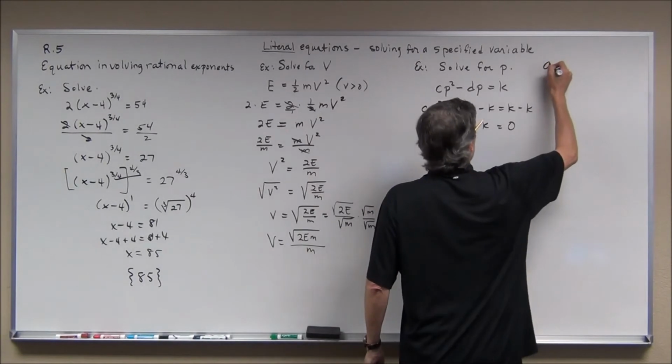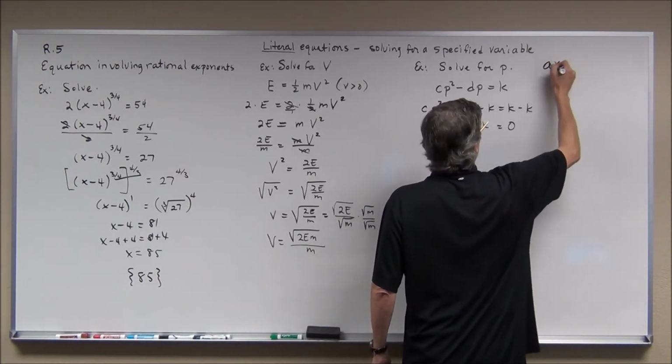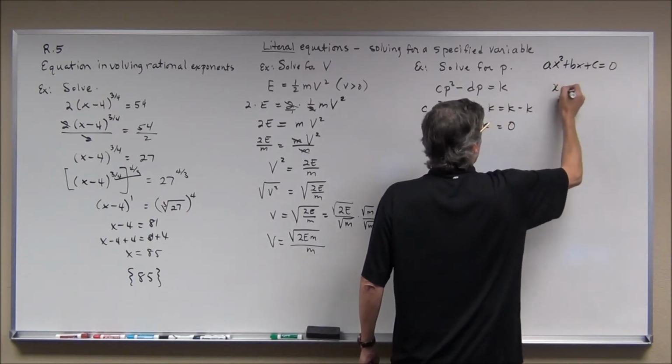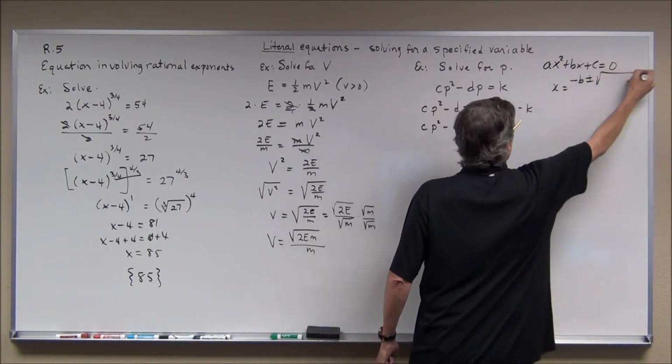Remember? Ax squared plus bx plus c equals 0. We could use the quadratic formula.